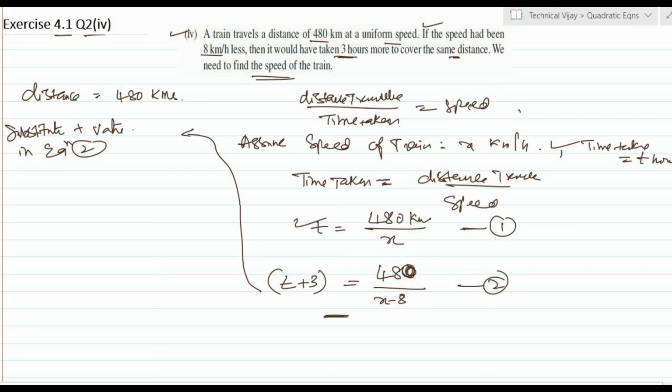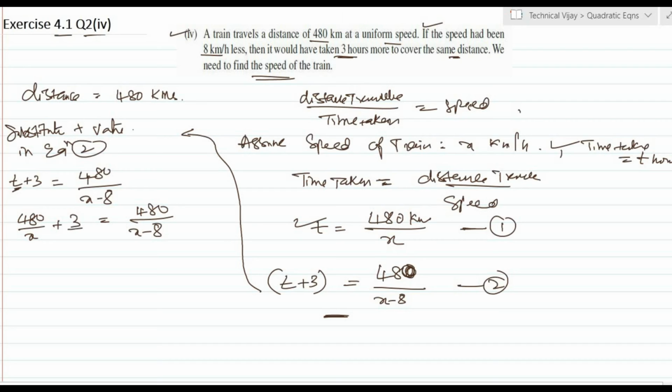See here equation 2 is, I will write here, t plus 3 is equal to 480 divided by x minus 8. So t, what we know, t is equal to 480 divided by x. Here 480 divided by x plus 3 is equal to 480 divided by x minus 8.